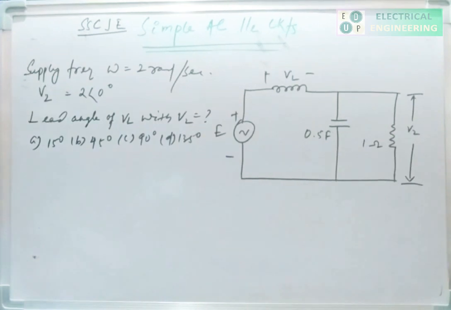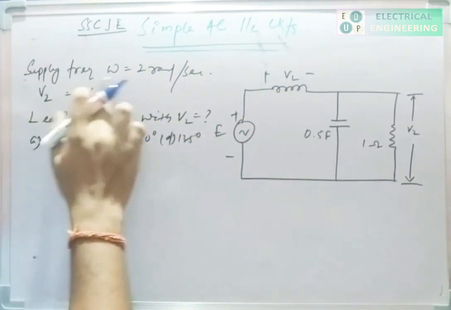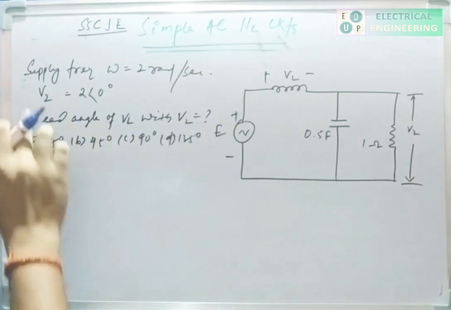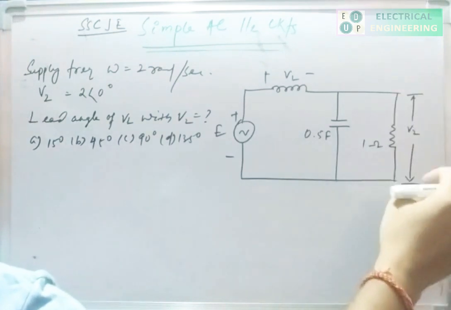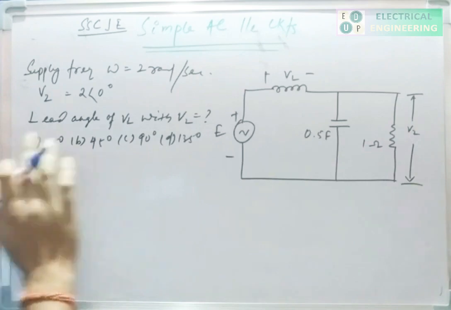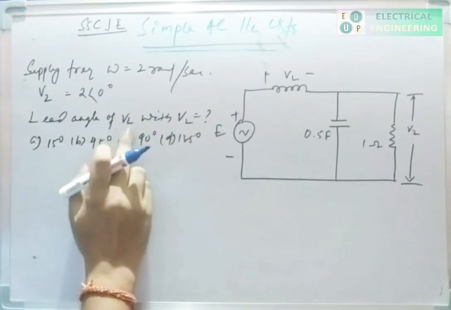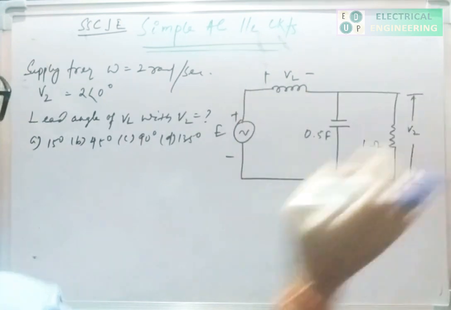In this question, the supply frequency is given, omega equals 2 radian. V2 is given as 2 angle 0, that is V2 is the voltage across the resistor. We have to find out the lead angle of VL with V2.